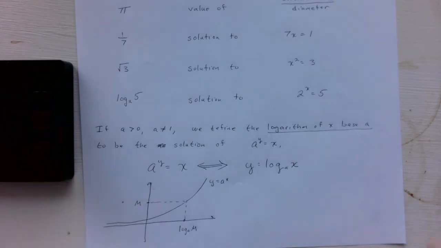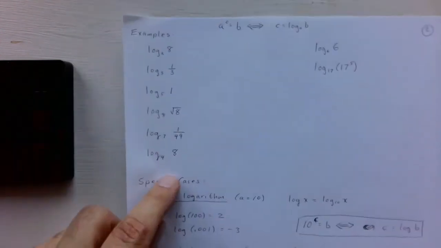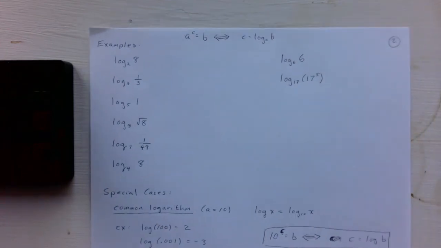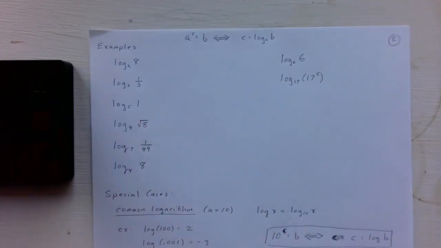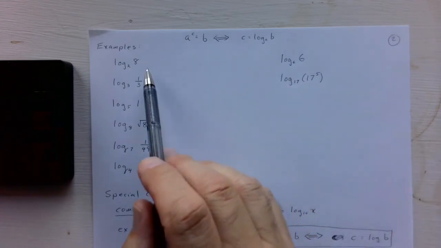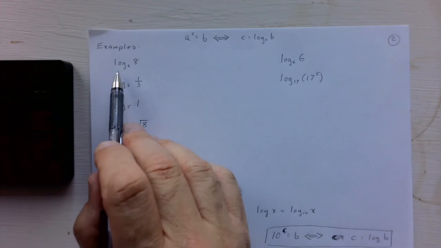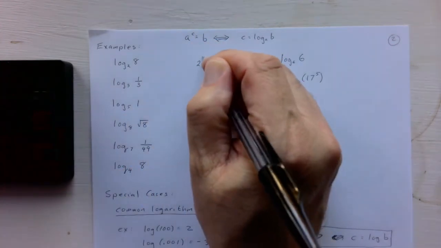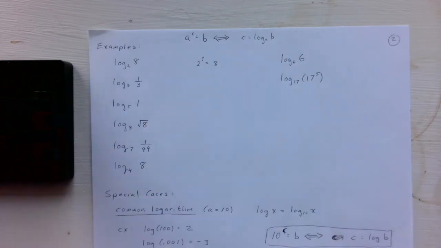So as some examples, when we ask you to evaluate a log without a calculator, we're really just asking you to solve an exponential equation. In this first example, you ask yourself, 2 to the what is equal to 8?